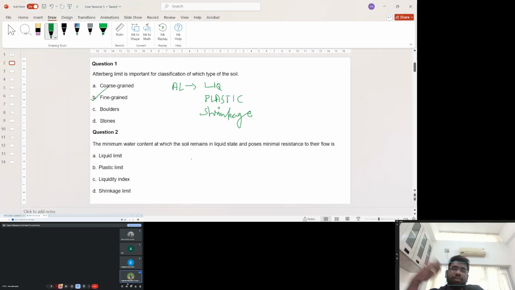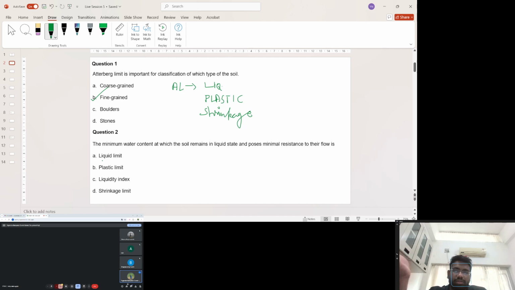As per the definition, the liquid limit is the minimum water content after which the soil starts to behave as a liquid. That is, it starts to flow; it is in a slurry state. The plastic limit is such that it starts to behave in a semi-solid manner.